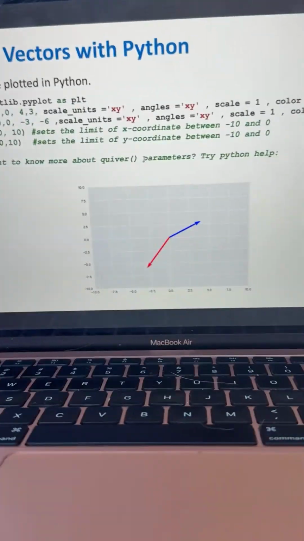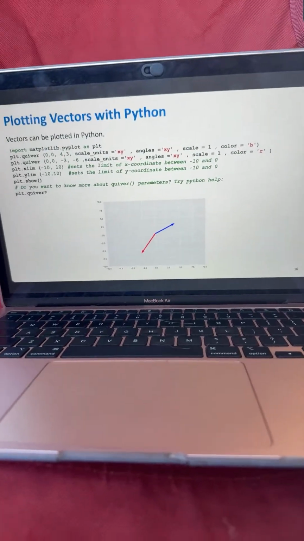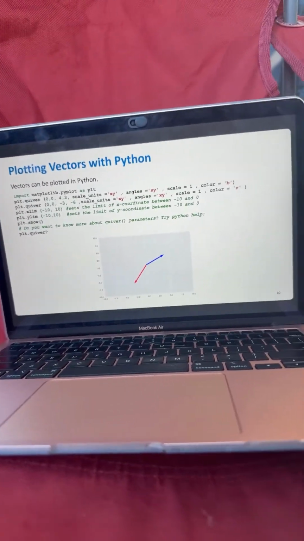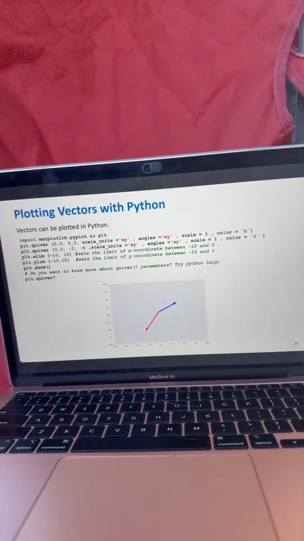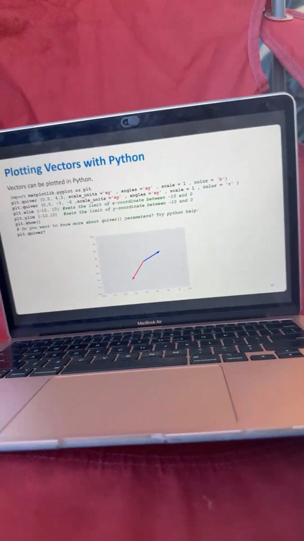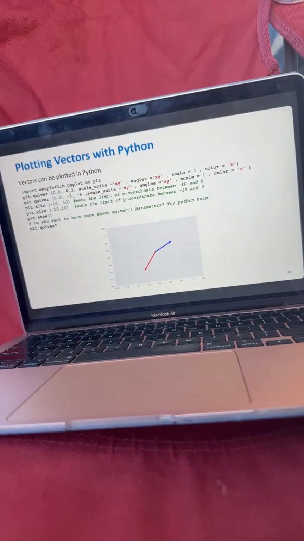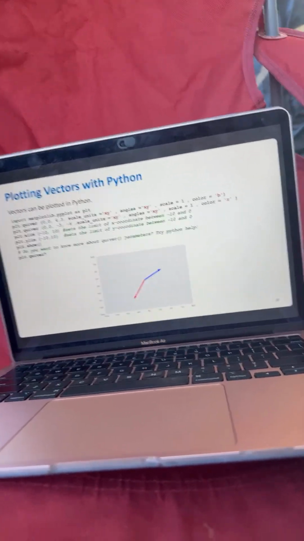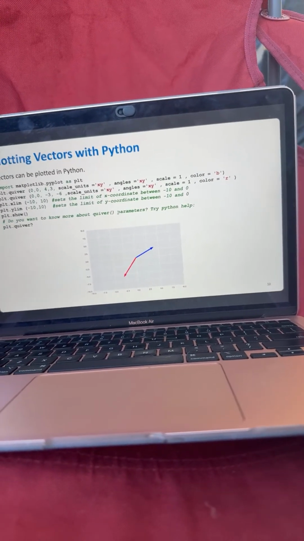Alright, so let's just focus on the code of linear algebra because I already took linear algebra class. So import matplotlib.pyplot as plt, plt.quiver gives you the origin at 0, 0, and then 4, 3 for the vector, right?